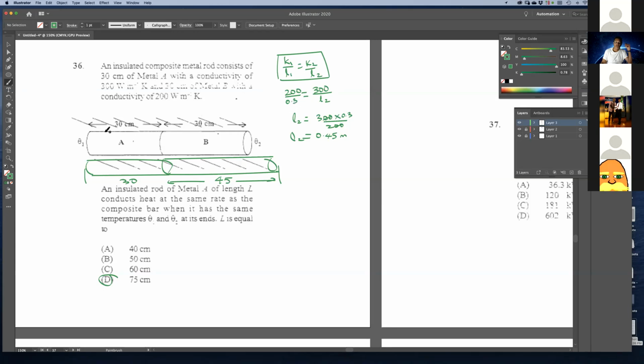I know the material of A has a thermal conductivity of 300. So I can find L2, the equivalent length of A I have to use to replace B. And that works out to be 45 centimeters, 0.45 meters, which I add to the 30 of A to give you the total length. No problem.